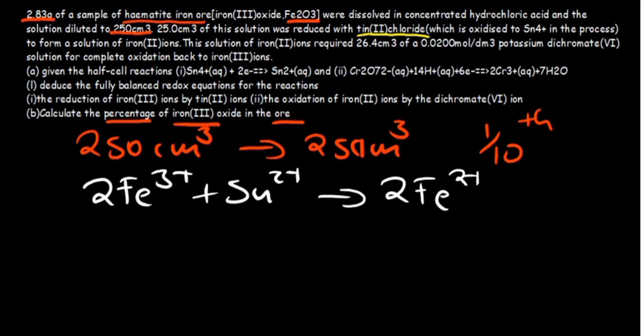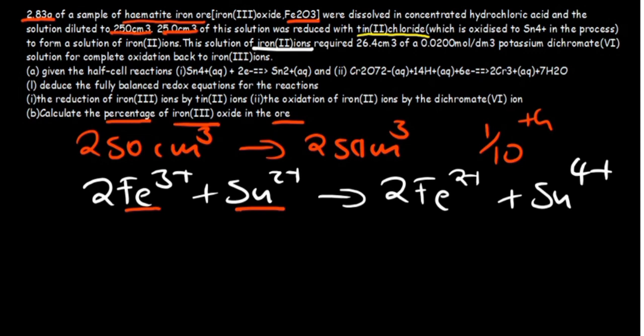Now from there, what else had happened? This solution of iron 2 ions required a titration. We are told that 25 cubic centimeters of the solution was reduced, and we've seen how it is reduced to that. After that, we had produced a solution of iron 2 ions.